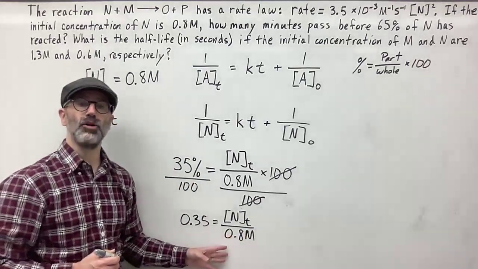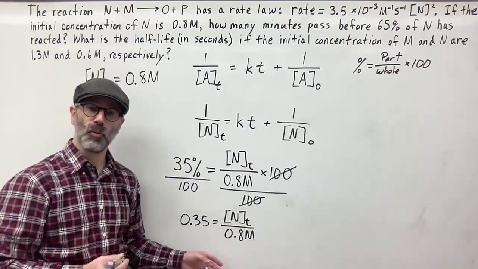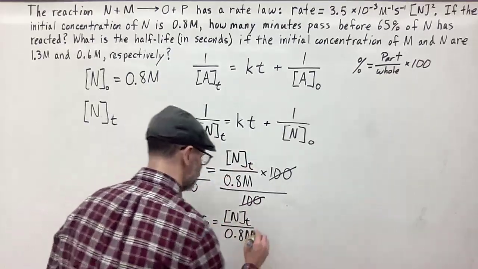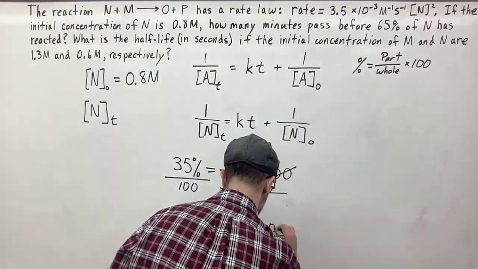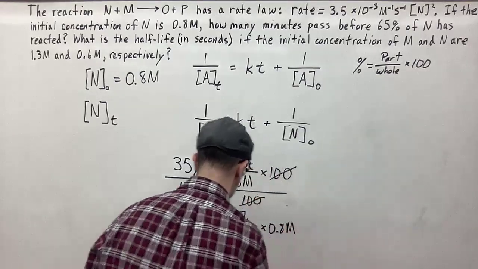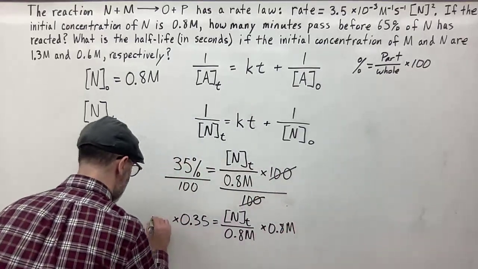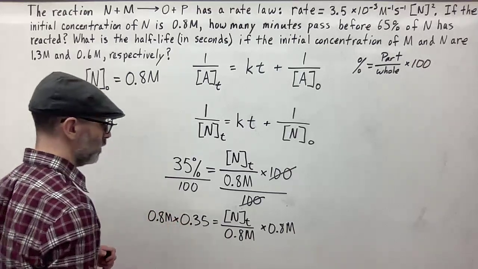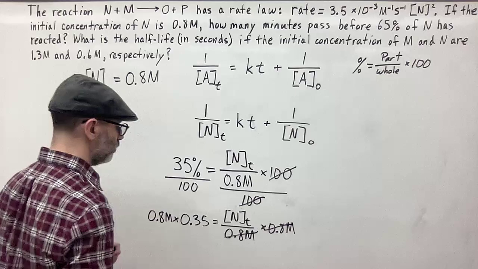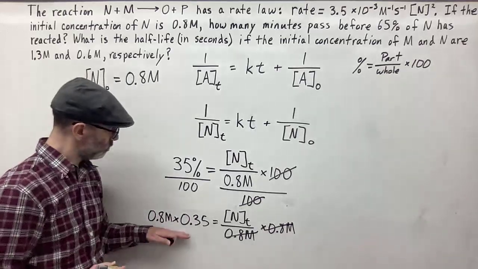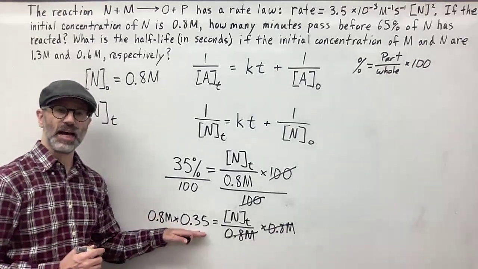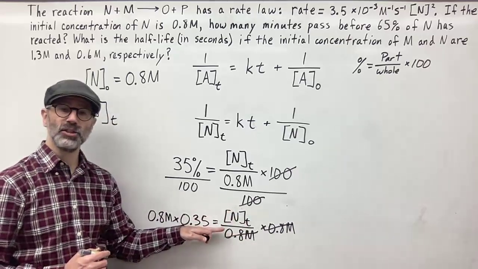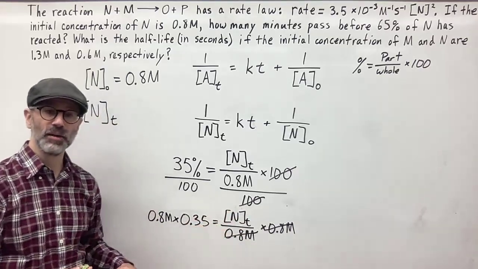So now all we need to do is multiply both sides by 0.8 molar to get N_t by itself. So we multiply by 0.8 molar on this side, and this cancels out. And then 0.8 molar times 0.35 gives us the concentration of N after time t.